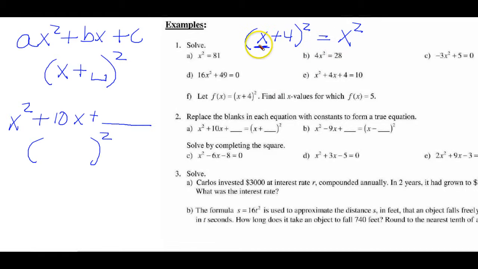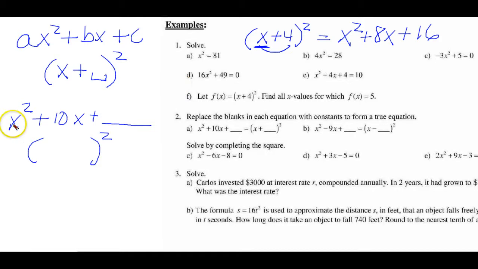We said multiply these two together and double it. That gave us a positive 8x. And then we said square this term here, which gave us a 16. So this is a review of something we did in an earlier module. This is a perfect square trinomial.